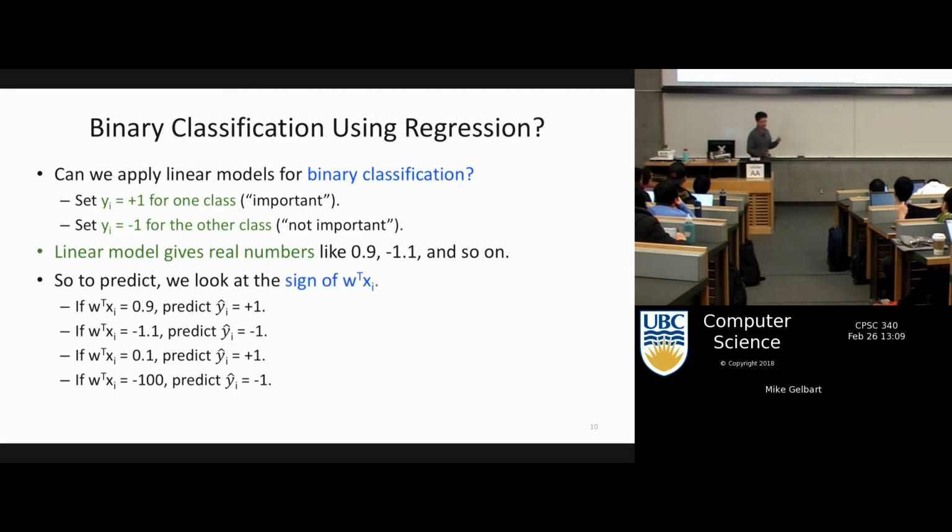And here's the plan. It's not that crazy. We're just going to look at the sign of the thing. We'll say, okay, we're going to fit a linear model, compute W transpose X. If it's positive, then we predict +1, and if it's negative, we predict -1.